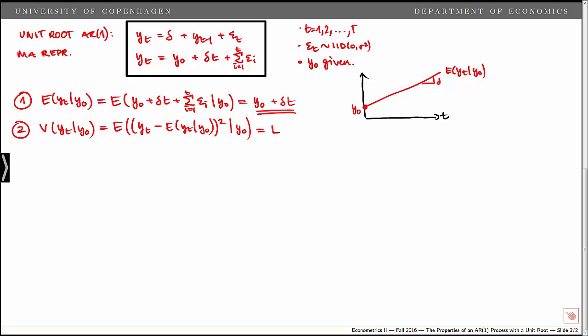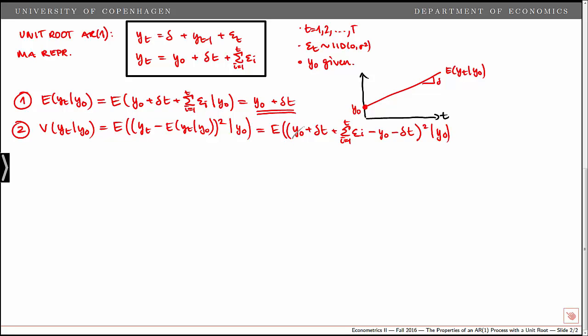So this is the expected value of y_t, which we can write as y_0 plus the linear trend plus the stochastic trend, and then minus the expected value, which we found here. So minus y_0 minus delta times t. We square this and we condition on y_0.